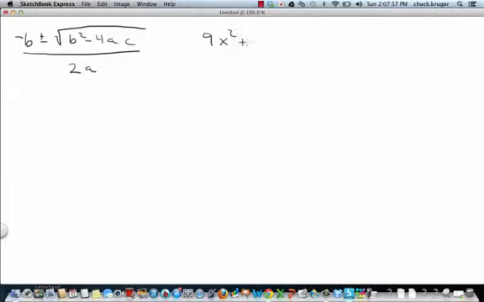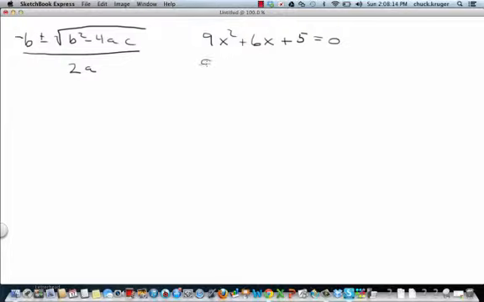Again, I'm going to write at the top the quadratic formula: negative b plus or minus the square root of b squared minus 4ac, all over 2a. In this case, I'm going to have 9x squared plus 6x plus 5, and make that equal to 0.